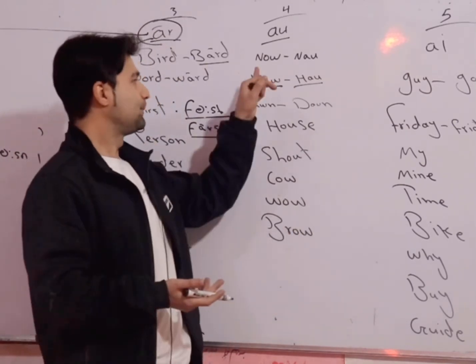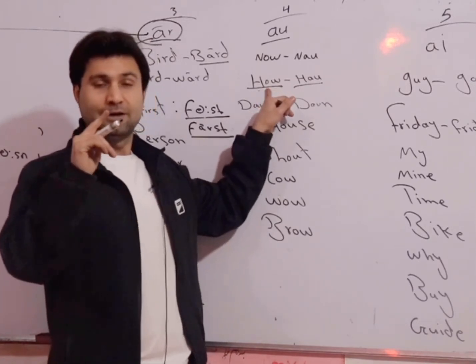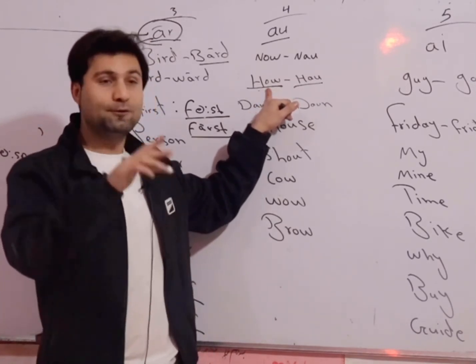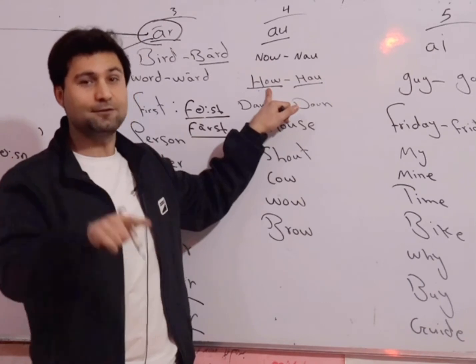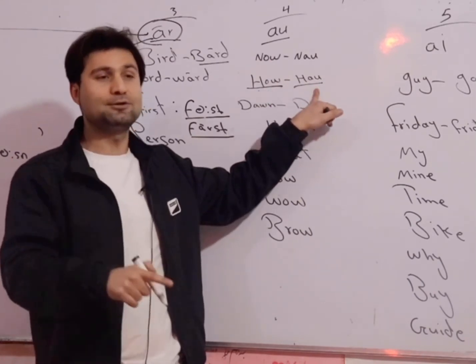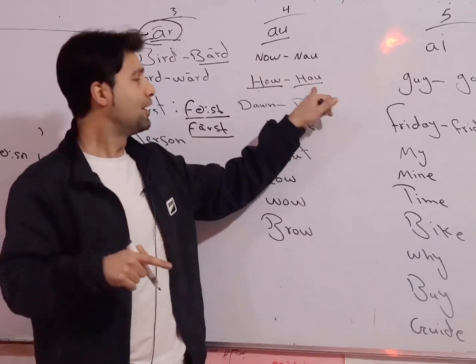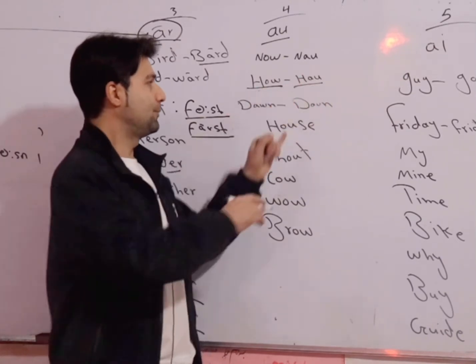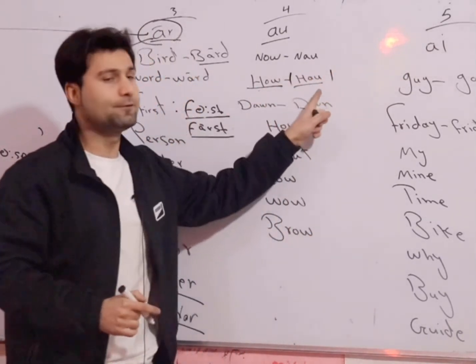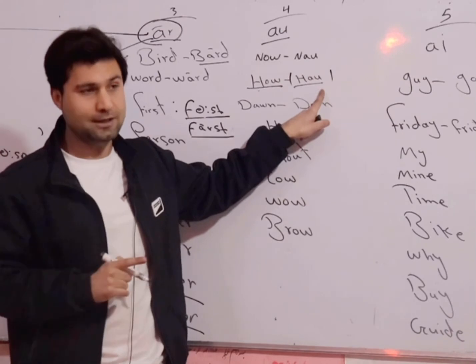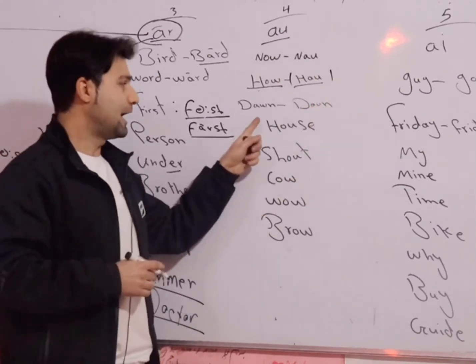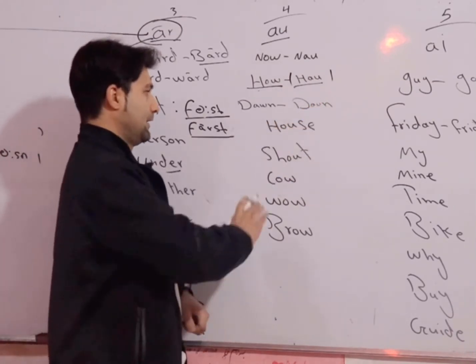Write the word how in the dictionary. You will find the meaning. Besides finding the meaning, you will be able to find the pronunciation. When you see this one between parentheses, you will understand that it is pronounced how. Down? Down. Yeah, like this.